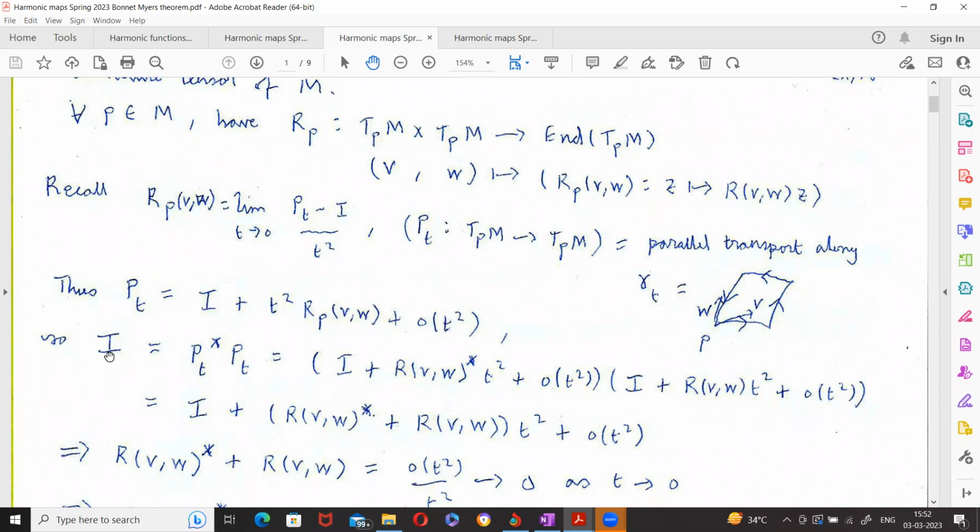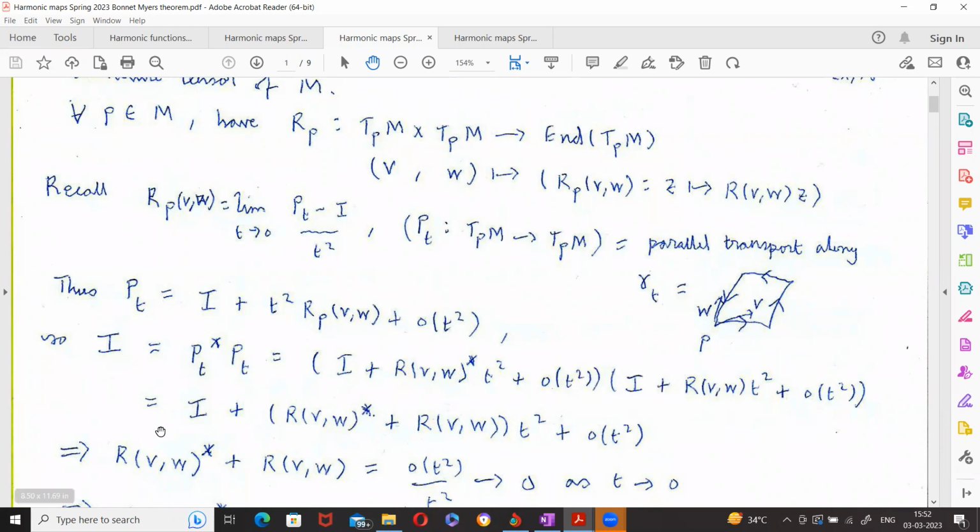Let me look at the identity. I can write it as P_t star P_t, because P_t is an isometry, so P_t star P_t is identity. Using this expansion for P_t, I can write this as identity plus R(V,W) star t squared plus little o of t squared, times identity plus R(V,W) t squared plus little o of t squared. Now I expand out this product. It's a matrix product.